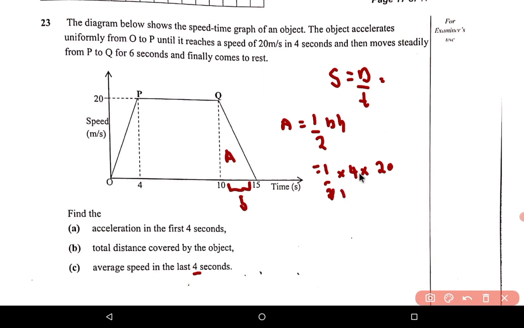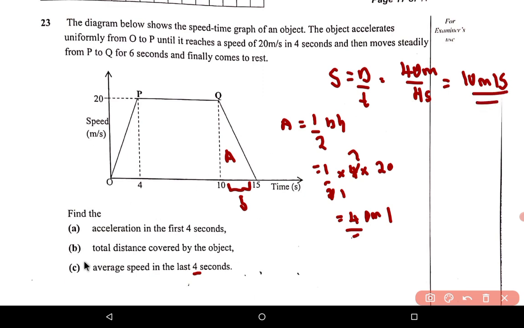You get 40 meters, that's the distance. Time is the specified 4 seconds. So 40 over 4, you get 10 meters per second. Very simple and straightforward question.